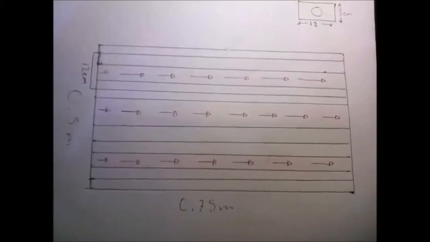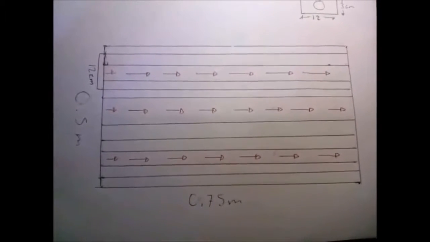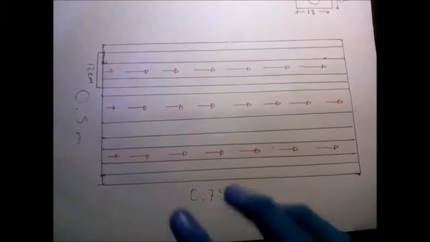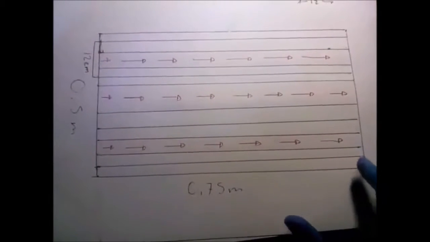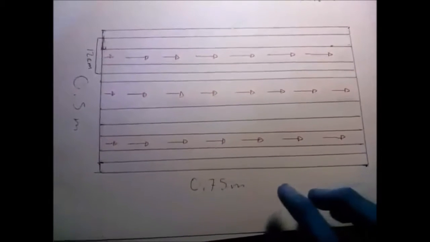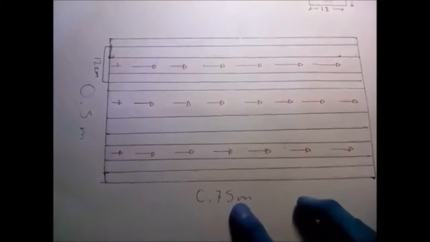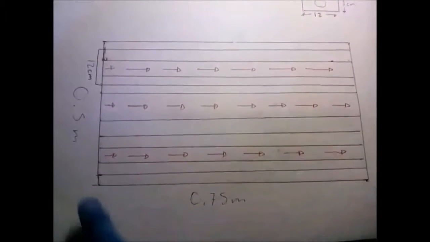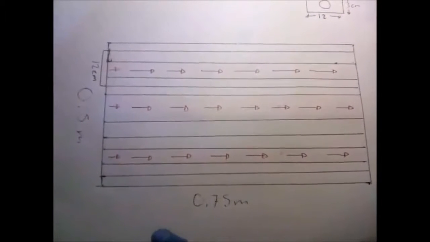Well, this is a little explanation about our model. In this model, we can see the length of the base, which has a measurement of 0.75 meters, and the width of the model that has 0.5 meters.